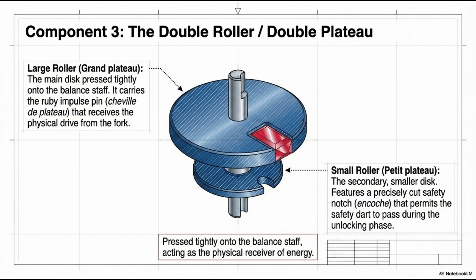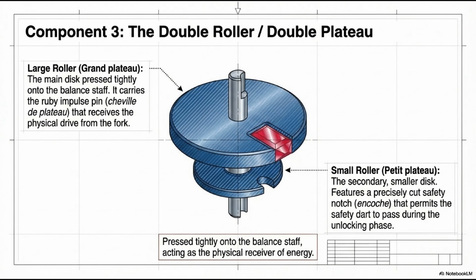This physically blocks the fork from accidentally rotating. The dart can only pass through the notch during the brief impulse phase, when the geometry is exactly right for a normal beat to occur. Typical materials are steel, brass, or glucydur, a beryllium copper nickel alloy prized for being non-magnetic and corrosion resistant.